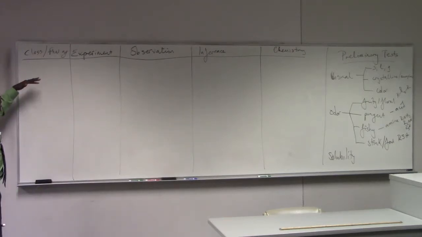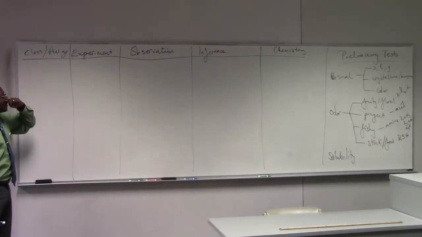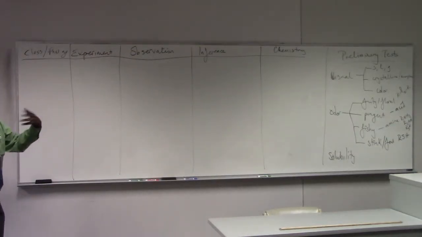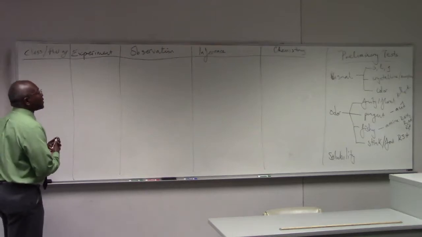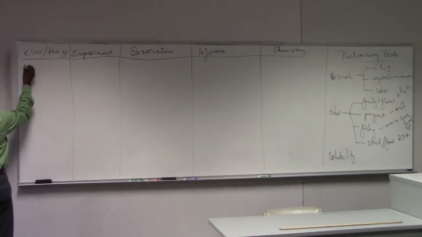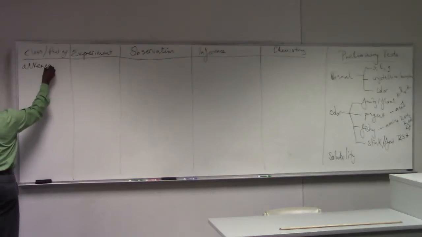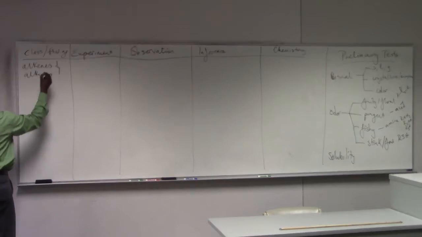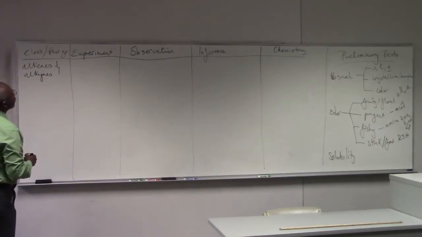Okay, so we're going to look now at the various classes of organic compounds, different functional groups, and at the common tests to determine their presence. So let's start with alkenes and alkynes. We'll group these together, although there's a little bit of a difference as we see in a second.